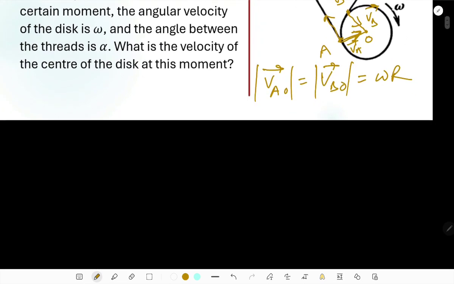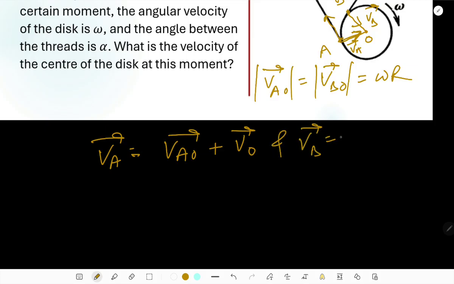So I can write simply, by the principle of superposition, that the velocity of A is the velocity of point A with respect to O plus the velocity of O, and in a similar manner the velocity of B equals the velocity of B with respect to O plus the velocity of O. I know the rest of the things; I simply don't know the direction and magnitude of the velocity of O. That is the part of the question.